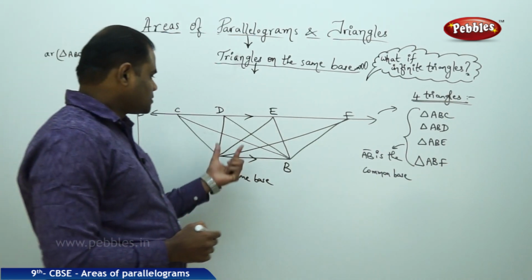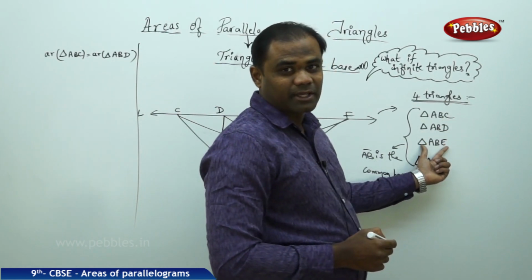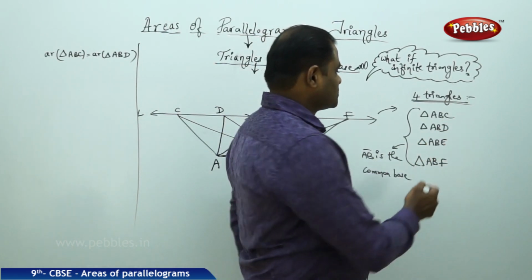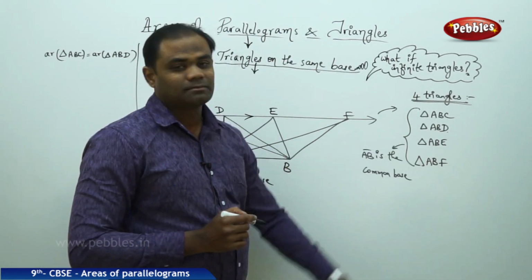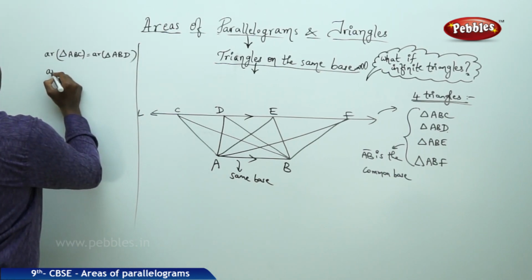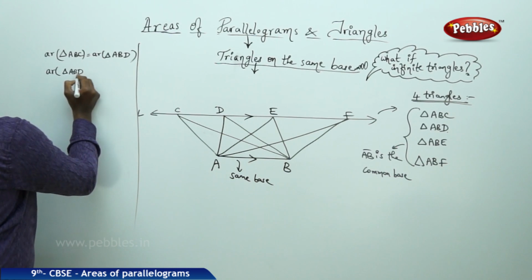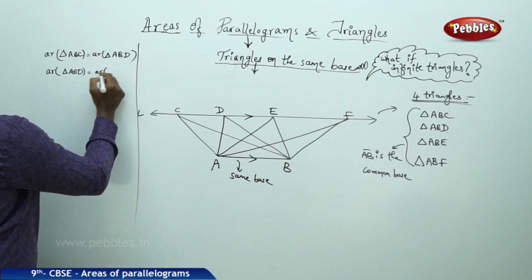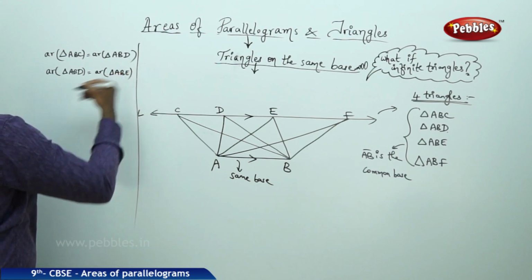Now when I take the second and the third triangle, these 2 triangles are on the same base and between the same parallels. So the area of this must be equal to the area of this. So in the second case, area of triangle ABD is equal to area of triangle ABE.